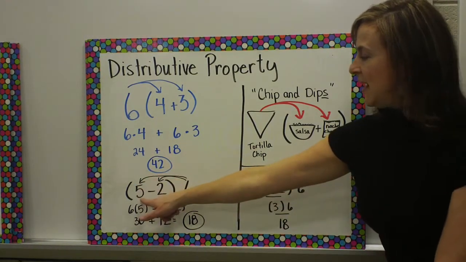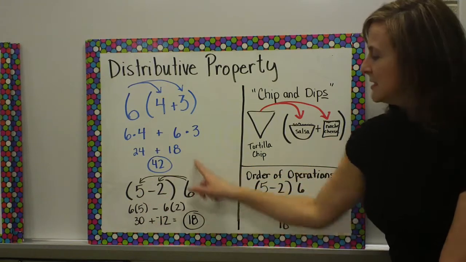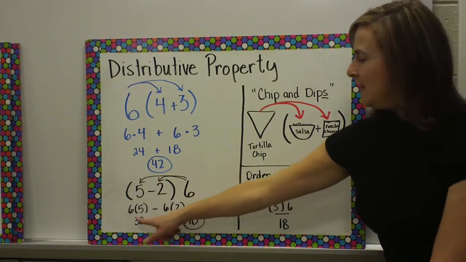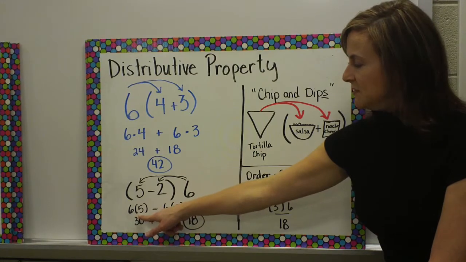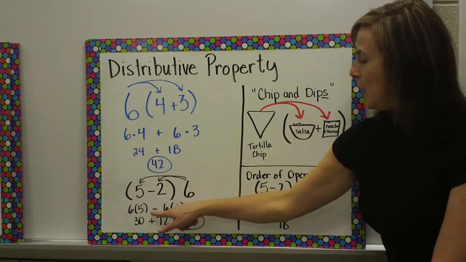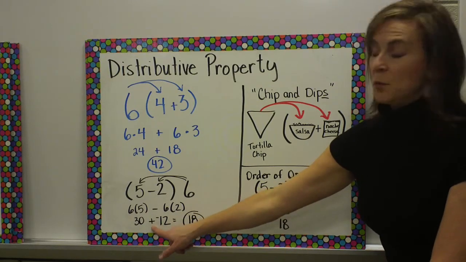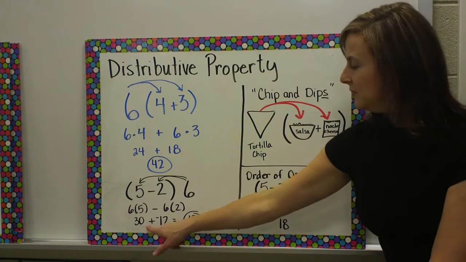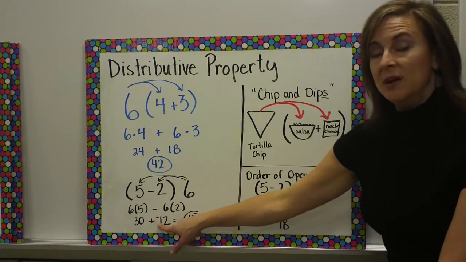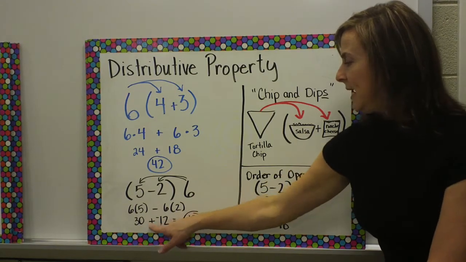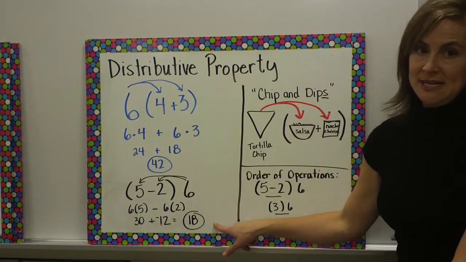So 6 5s minus 6 2s. That would be 6 times 5, which is 30, minus 6 2s, which is 12. And then of course I'm getting into that habit of adding the opposite, so I'm ready for my algebra. So 30 and a negative 12 would give me 18.